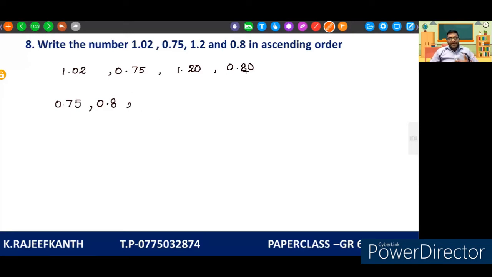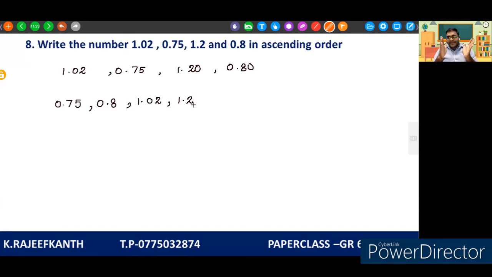Then after 75, 80, the next one is 102. So we have to write that number as 1.02. Then the next one is 120, so 1.2, because in the question they have given 1.2. So when you are writing the answer, we have to write 1.2.